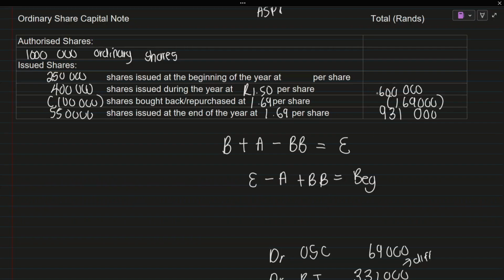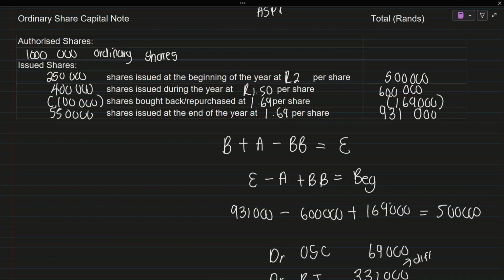You will get the wrong answer, or they'll add both of them or something like that, or they mix it up. Please don't make the same mistake. It will be opposite signs. Right, so if you had to do this from there, you would see that you would get 500,000, and from there you'll be able to calculate that share price at 2 Rand. Okay, so you're going to say 931,000 minus 600,000 plus 169,000, which will give us 500,000, and that's what you put into your calculator. Great.